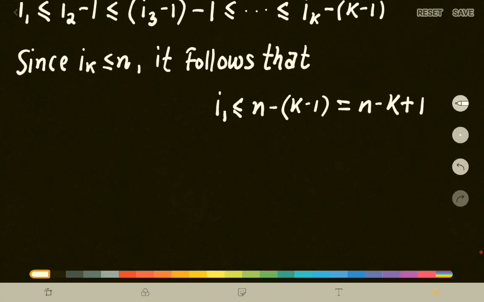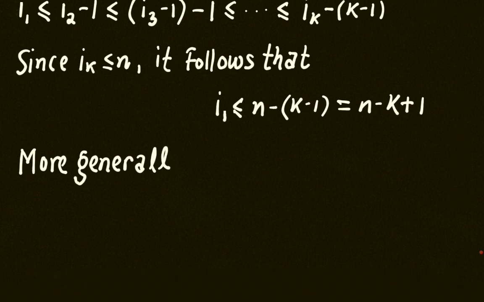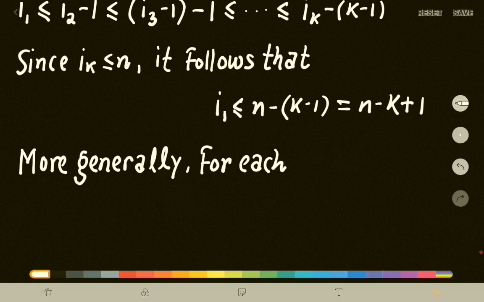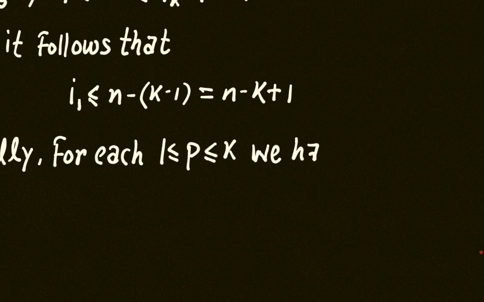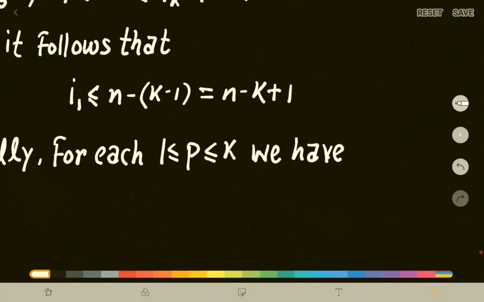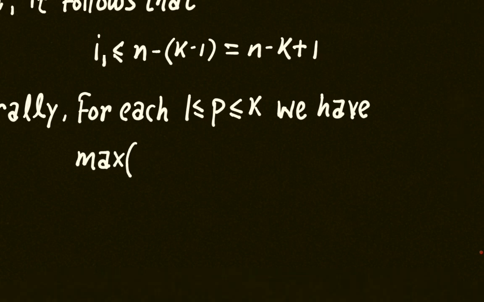Now, speaking more generally, for each p with 1 less than or equal to p less than or equal to k, we have the maximum value of I sub p.